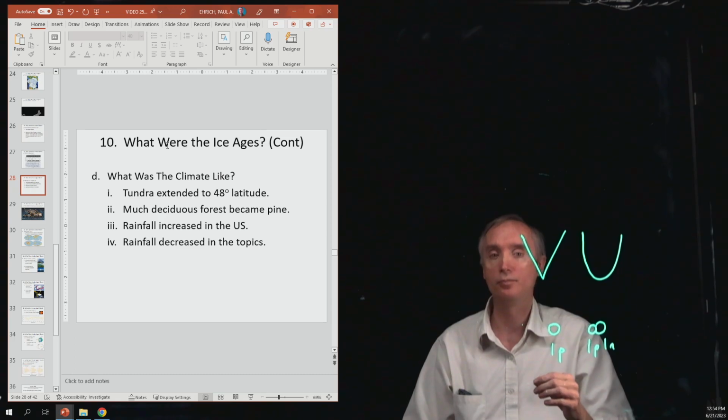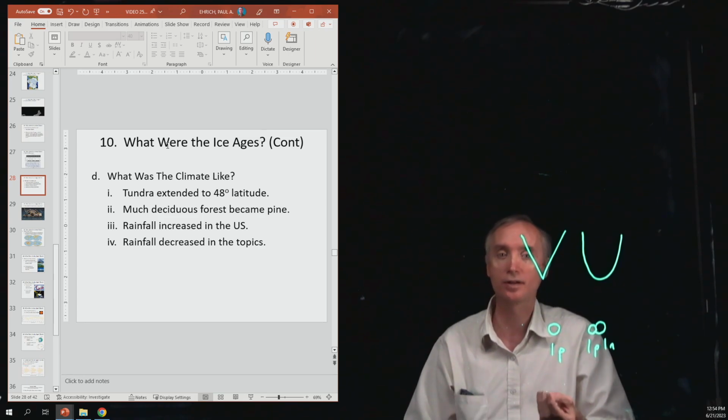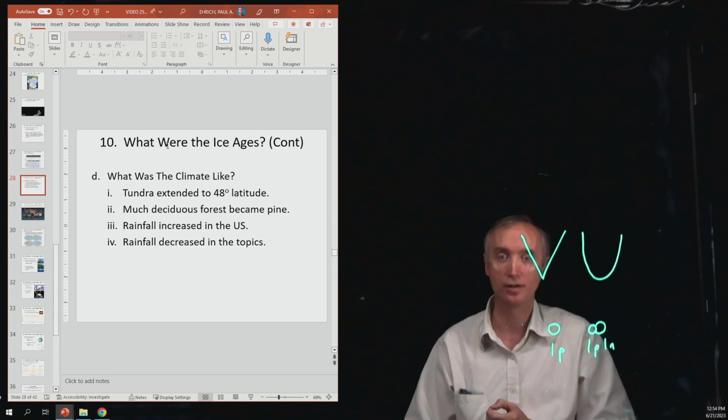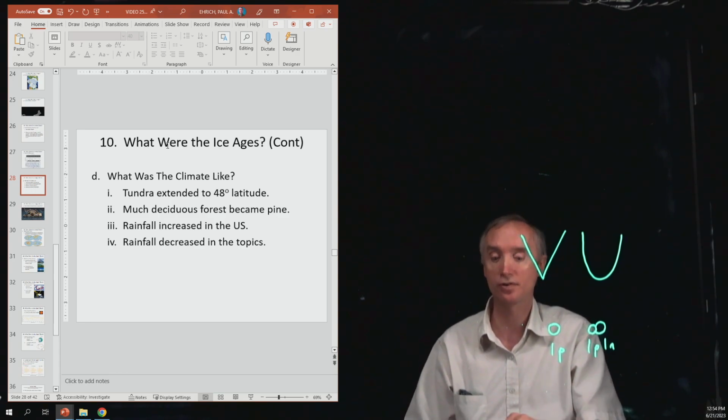Also, pine forests are able to withstand these climatic conditions better than deciduous trees, and so there were many more pine trees during the ice ages. There was much more rainfall in the United States, but rainfall actually decreased in the tropics.